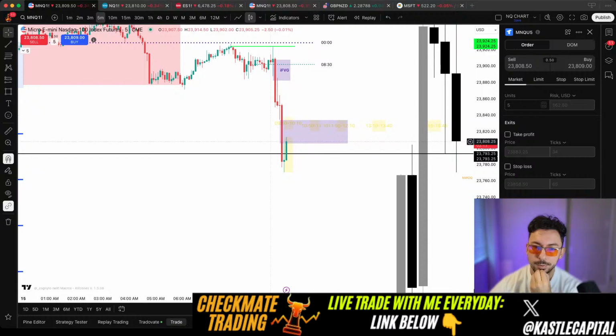So if this does inverse, then yes, I think this is going to end up being heavy upside today. But if it doesn't, then I think this is going to sell off.